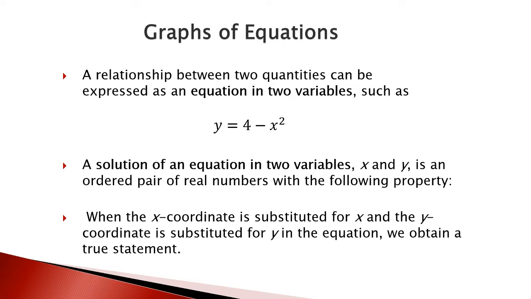Here, when the x-coordinate is substituted for x and the y-coordinate is substituted for y, we should get a true statement. That means the left-hand side and the right-hand side should be equal when we substitute x and the corresponding y values in this equation.